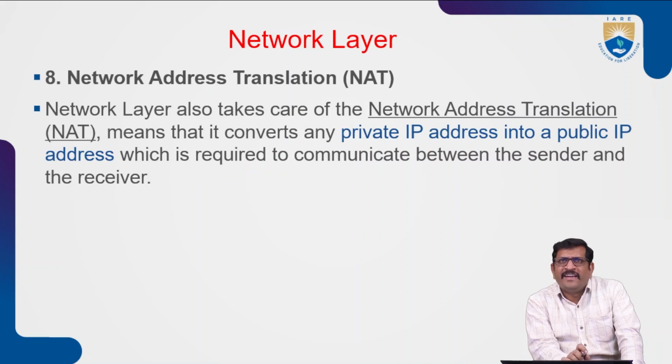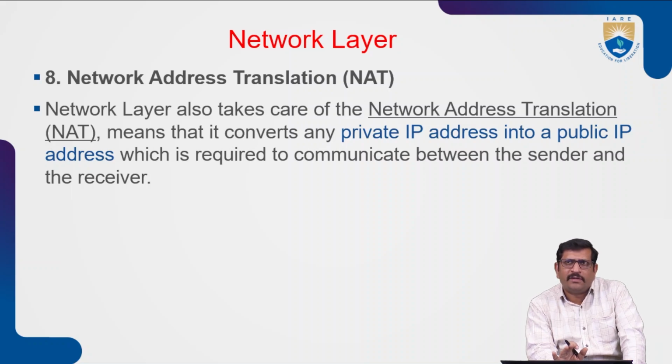Next, the functionality is network address translation, NAT. Generally this is done with the help of the network layer. What is it doing? It takes care of these translations. It converts a private IP address into a public IP address.